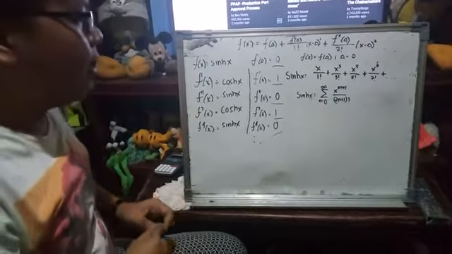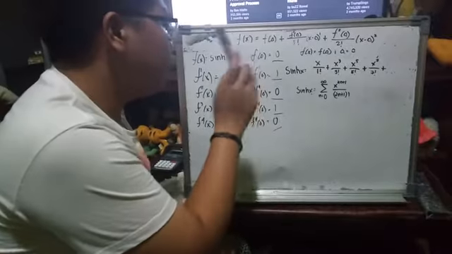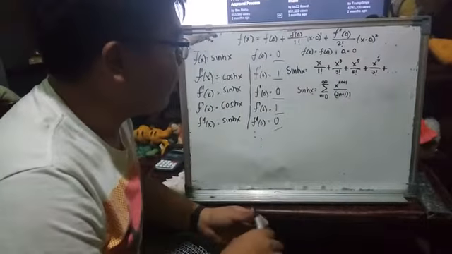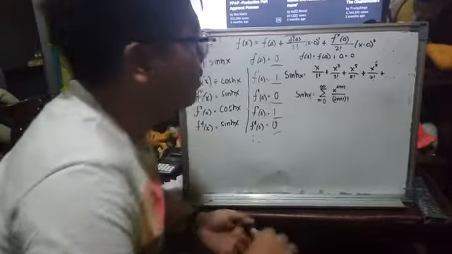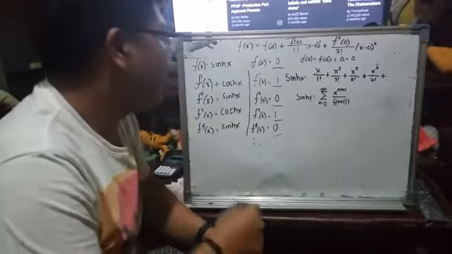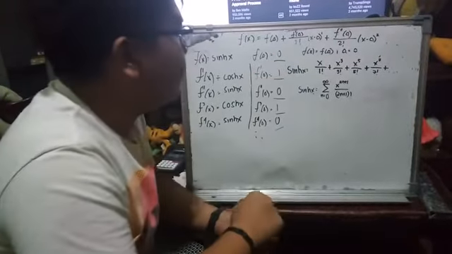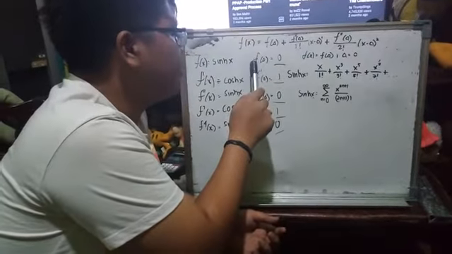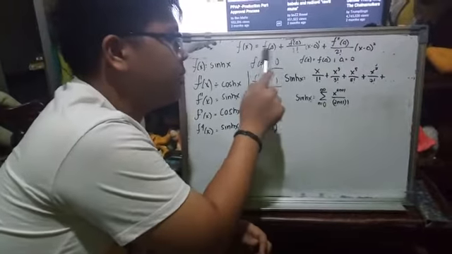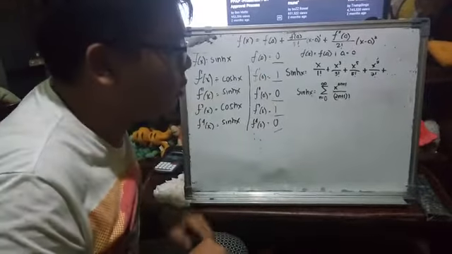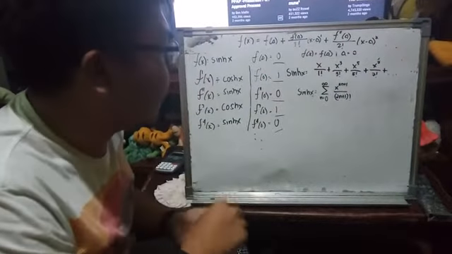So now we're going to substitute these values in the Maclaurin series equation. As you can see, the first function, which is this, is 0, so we won't even include that. We will disregard that.